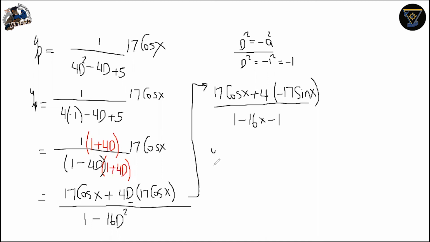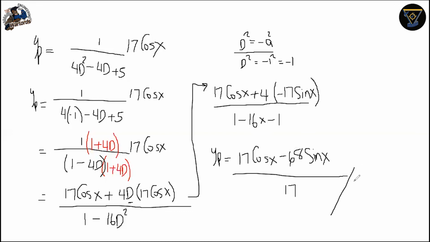So your yp is equal to 17 cos x minus, all right, 17 times 4 is 68, sin x. And all of this, so this becomes a positive 16, right? And plus 1, so it becomes 17. And this is your answer for yp.